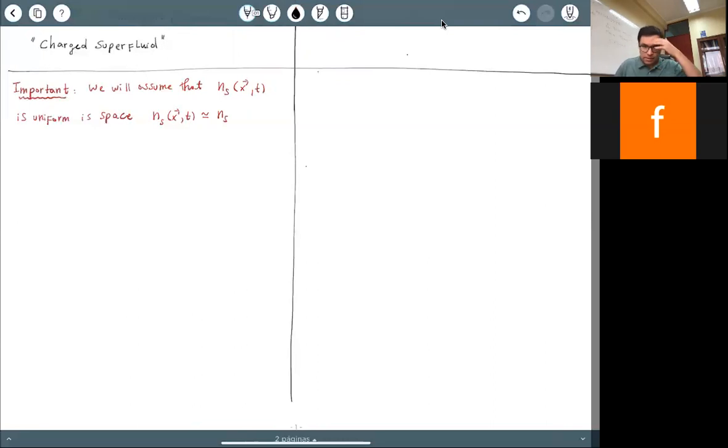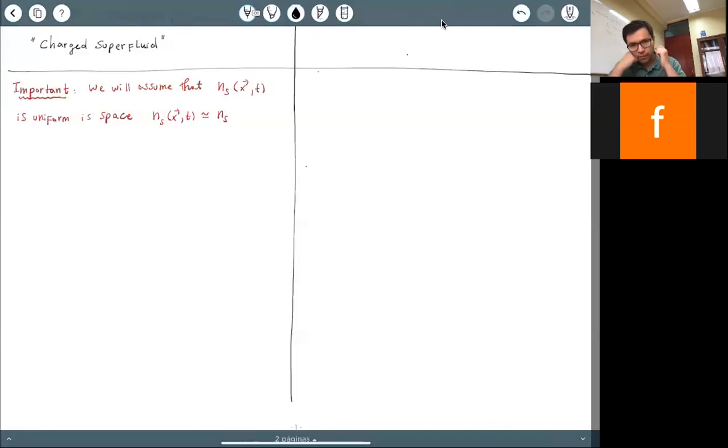And this assumption has to do with the following. In the superconductor material, we have charge neutrality, which means the total charge is equal to 0.